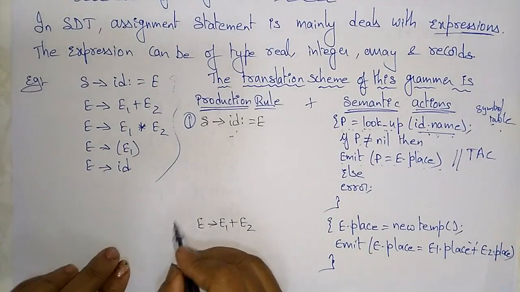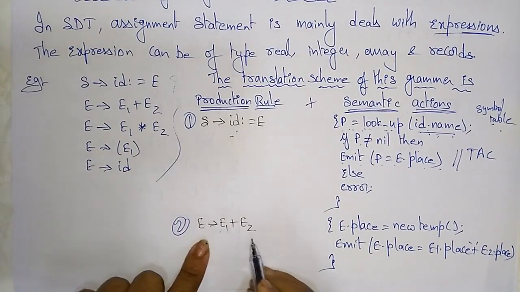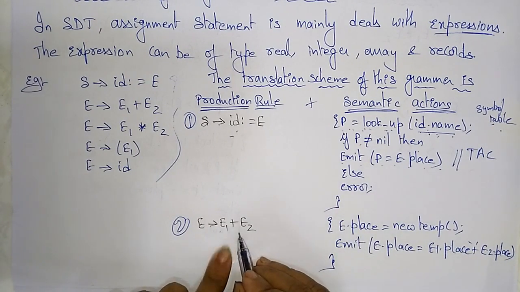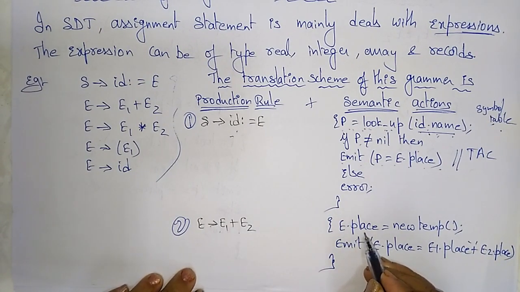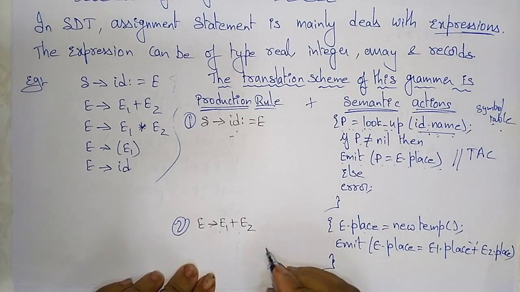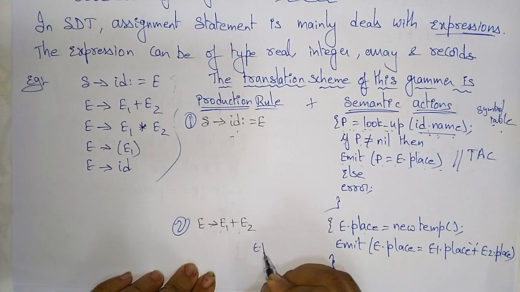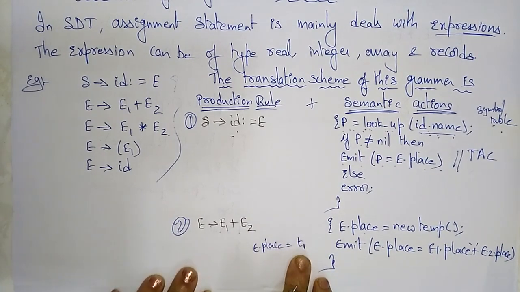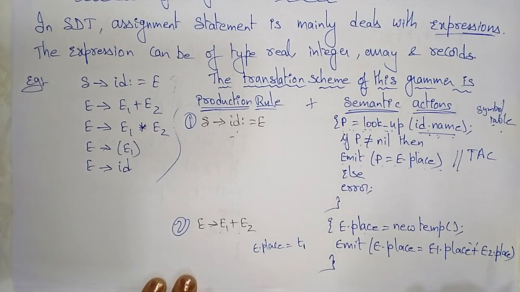Now let's come to the second production: E determines E1 plus E2. The action for this production is E dot place equal to new temp. That means you assign a temporary variable to E dot place, let us take T1. Now E dot place is holding the temporary variable.